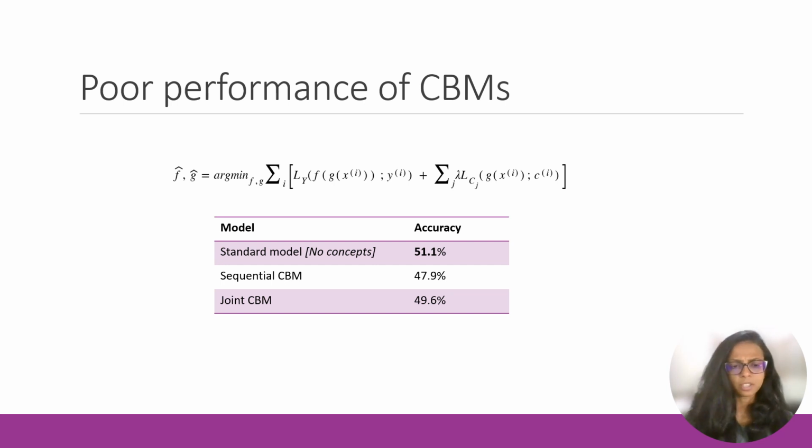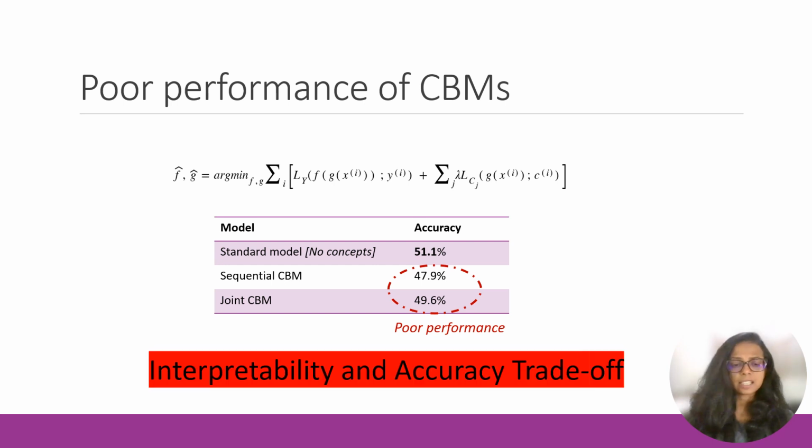Here we observe that standard models do perform much better than CBM concept-based models. This poor performance, in essence, gives us an unfortunate interpretability and accuracy trade-off. CBMs are interpretable and explainable, but they have poor performance.